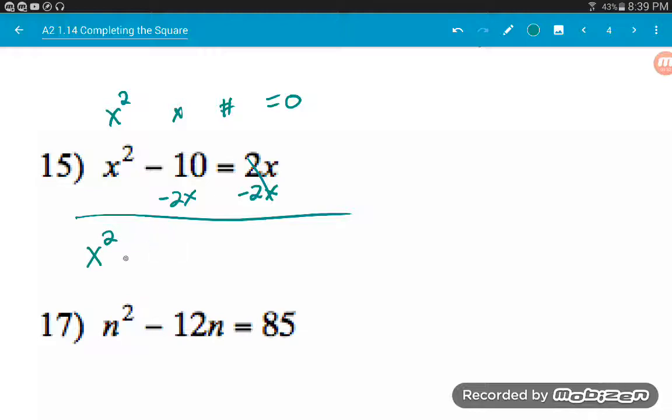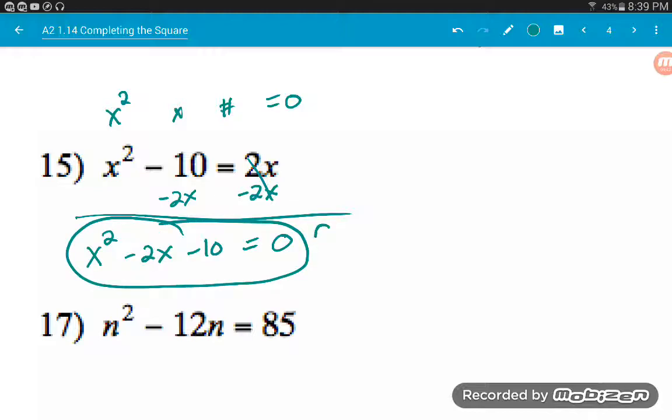X squared minus 2x minus 10 is equal to what? 0. Okay? So you want to use completing the square on that guy, because now he's in standard form. That's the same equation, but now he's the way I want him. So this is going to be A, this is going to be B, and this is going to be C, and you can go about those steps like regular.